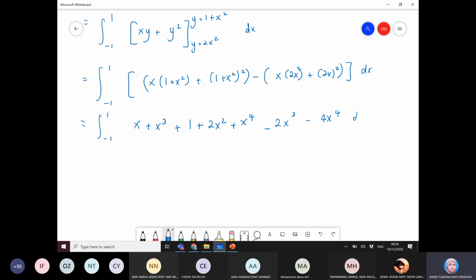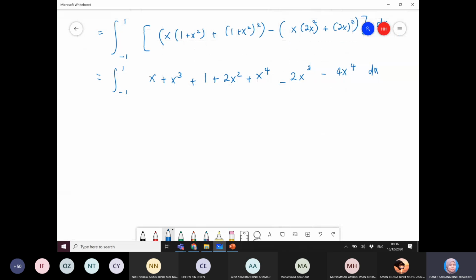Okay, this one is correct. So you need to simplify, and then you can integrate with respect to x, and then you put in the limits. When you simplify, I think you will get something like this.